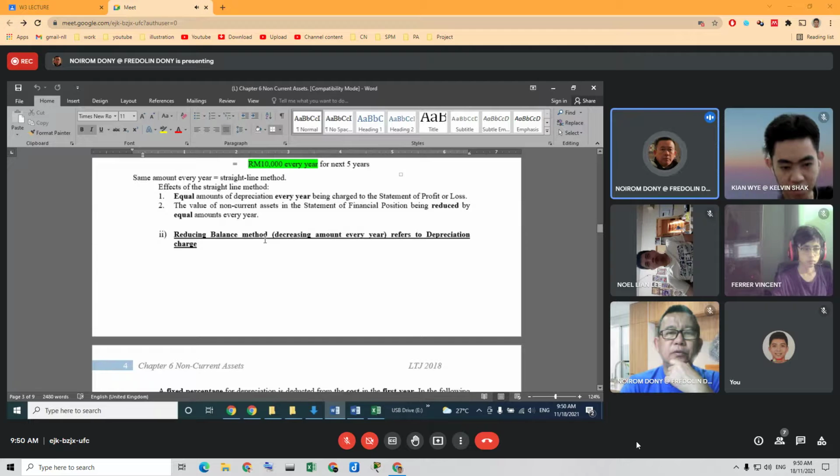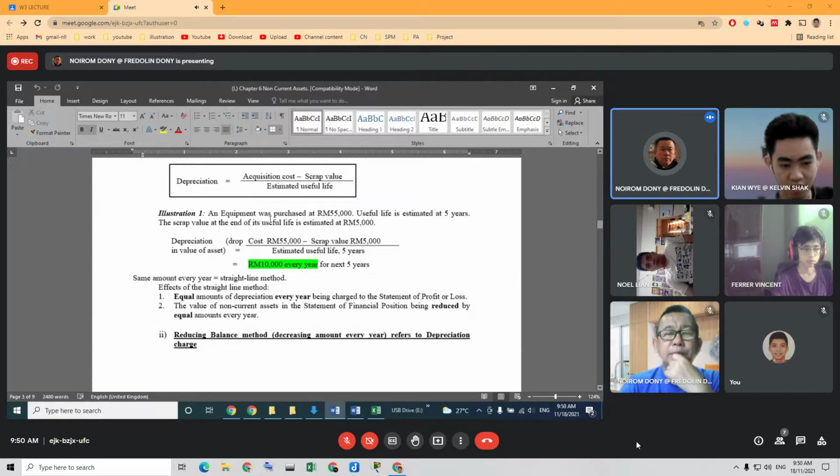Before I proceed, sometimes if you are given the information like this, useful life, scrap value, you are expected to do the straight line method. But the other way they would ask you is they give you the percentage.